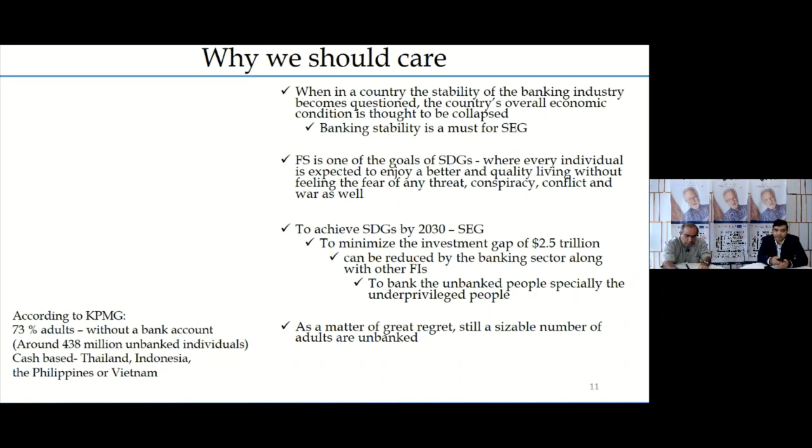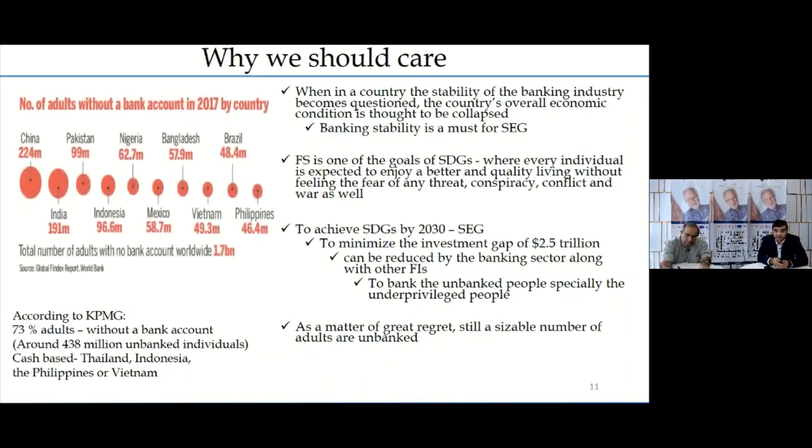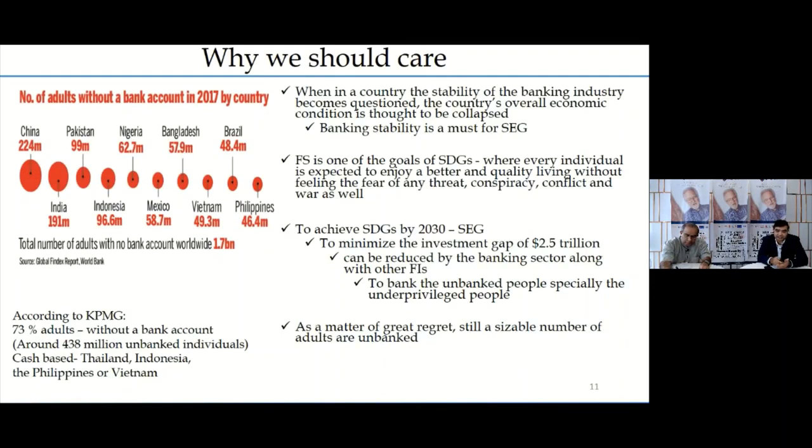And in order to get that, we also need to bank the unbanked people, especially the underprivileged people. But as a matter of great regret, a sizable number of adults are still unbanked. You can see 1.7 billion is the total number of people who don't have even an account.